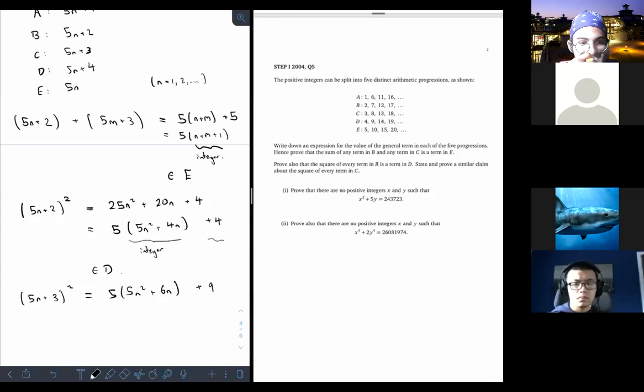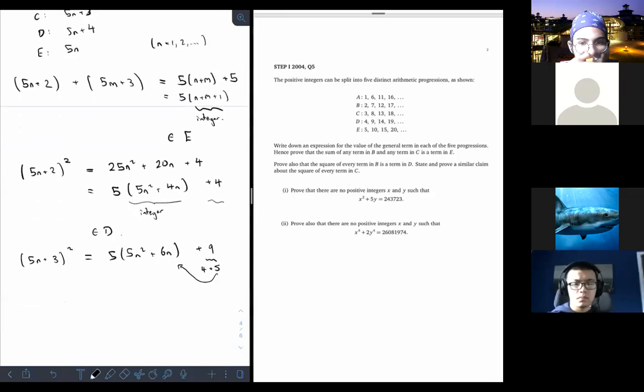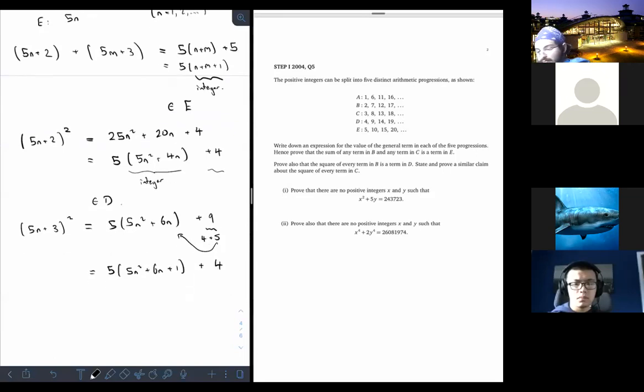This can be dealt with by writing 9 as 4 plus 5, and then combining the 5 in the brackets. So this would be equal to 5 times 5n squared plus 6n plus 1, plus 4. So what we see is, if we took anything in C and squared it, we have 5 times an integer plus 4.